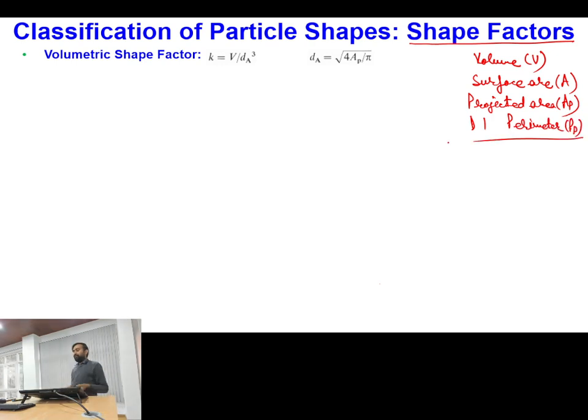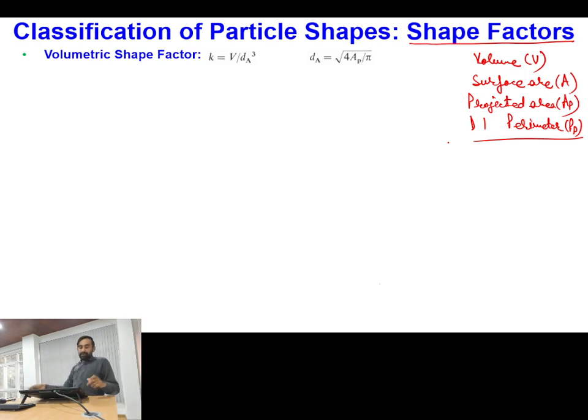So these four we can take as the fundamental variables, and if we know these fundamental variables, then how, with the help of these variables, we can try making the equivalence of a non-spherical particle to a spherical particle, that we will actually try to see.